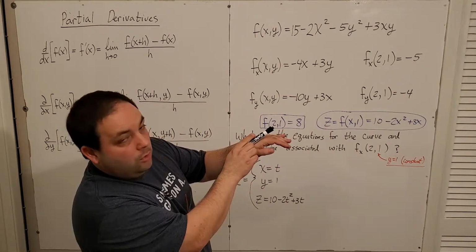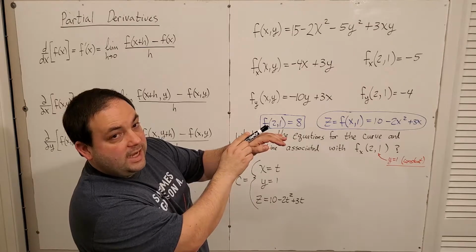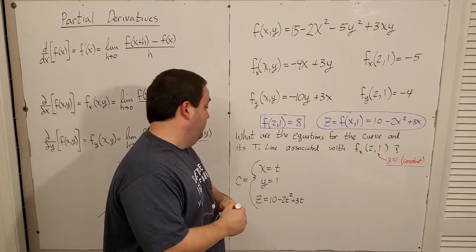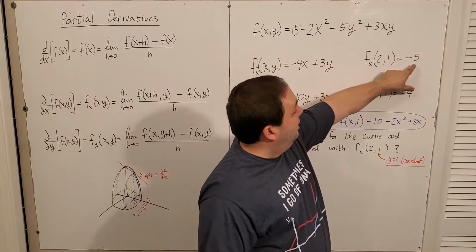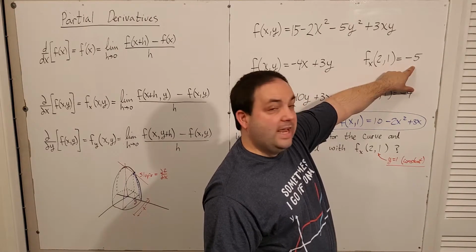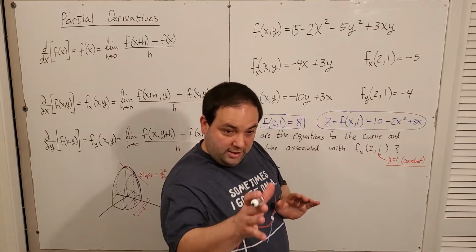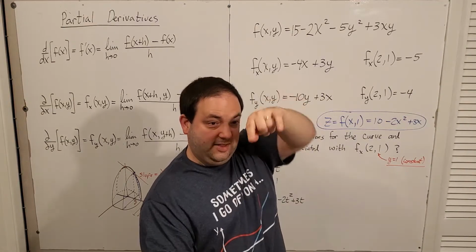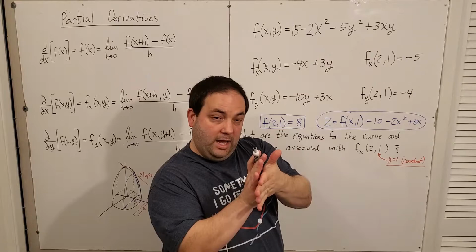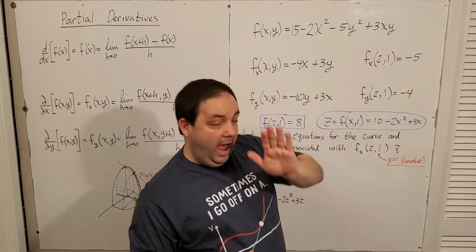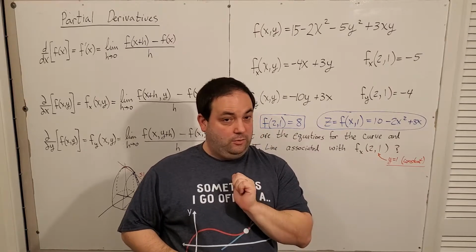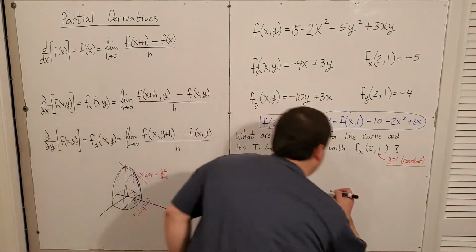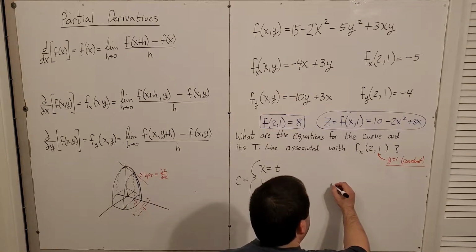Now I need to know the equation of that line that's tangent to it. So that's easy too. I know the slope of the tangent line just in that direction is -5. Just in the x direction with z, while y is being held constant at 1, at that point is -5. Just at that point and just in the x direction. So here's my tangent line. I'll call it T.